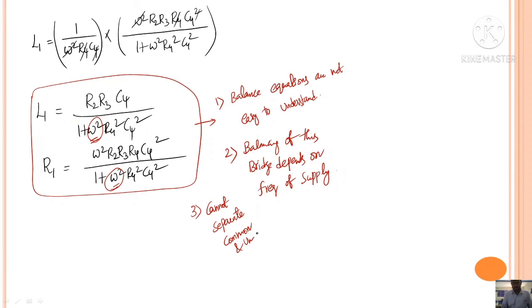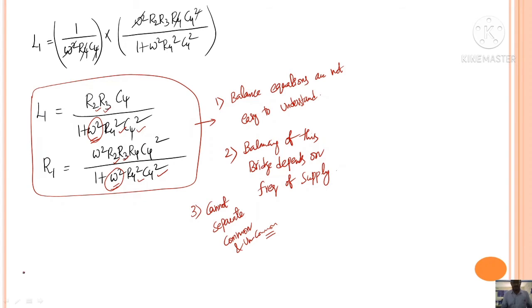See, if you observe here, what are the common terms? C4 is present here, R4 is present here, and R2 is also present here, R3 is also present here. Everything is common here.